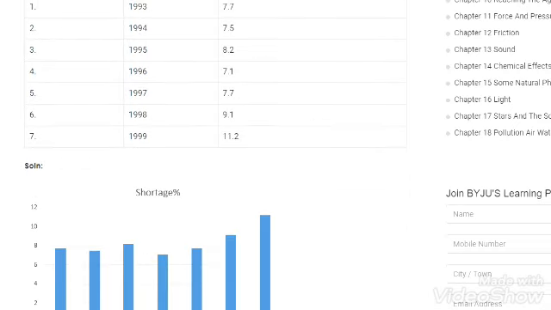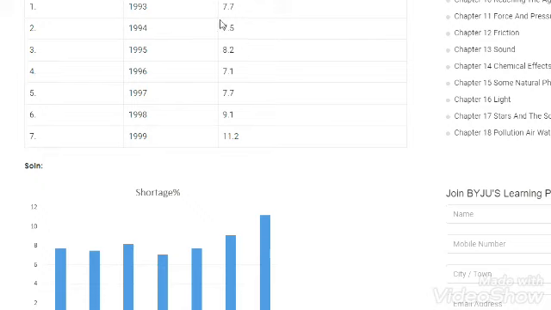There are two axes, this is the x-axis and this is the y-axis. In the x-axis we give years 1993, 94, 95, 96, and in the y-axis we give the shortage percentage. Here 0, 2, 4, 6, 8, 10, 12, these are the percentage shortage.